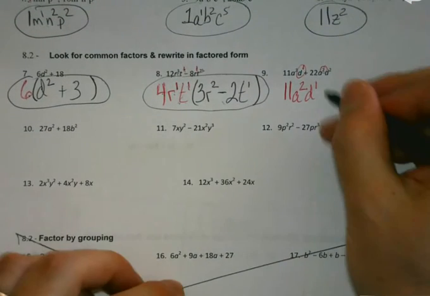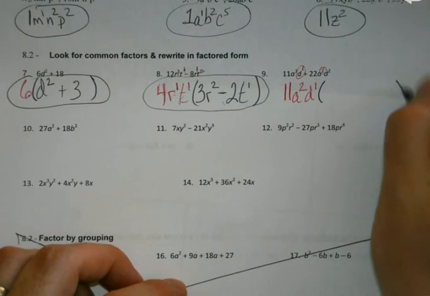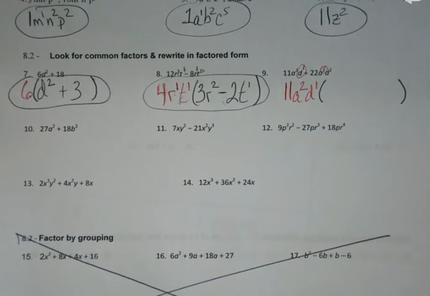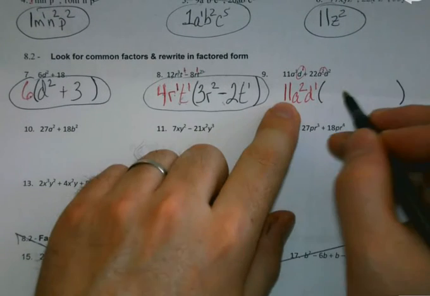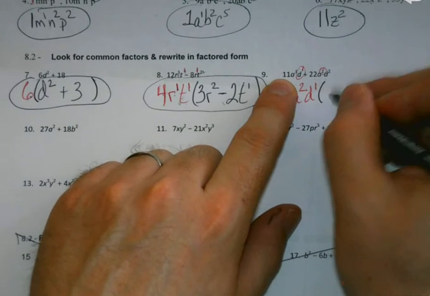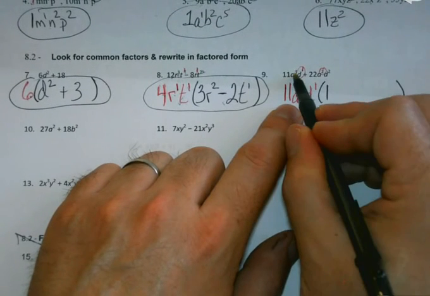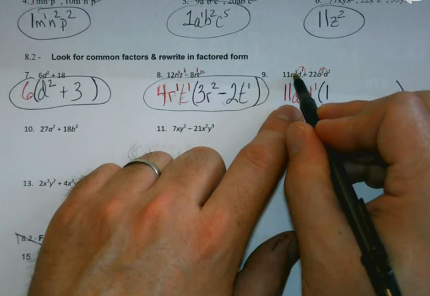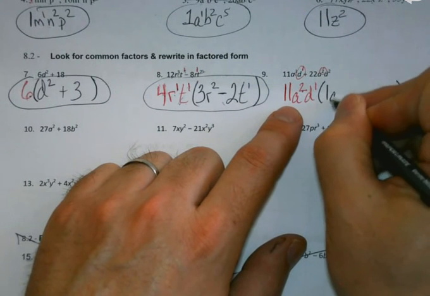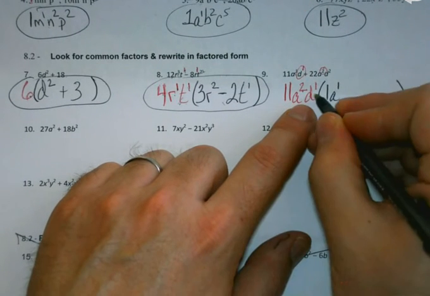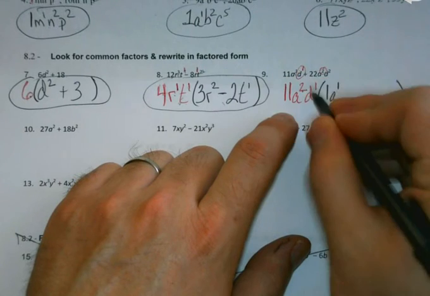Smallest exponents, biggest numbers that go in. So let's see here. 11 times what's 11? 1. I have 2 A's. I need to get to 3, so how many more do I need? I need 1 more A. And I only need D to the 1st, and I already have that, so I'm good.